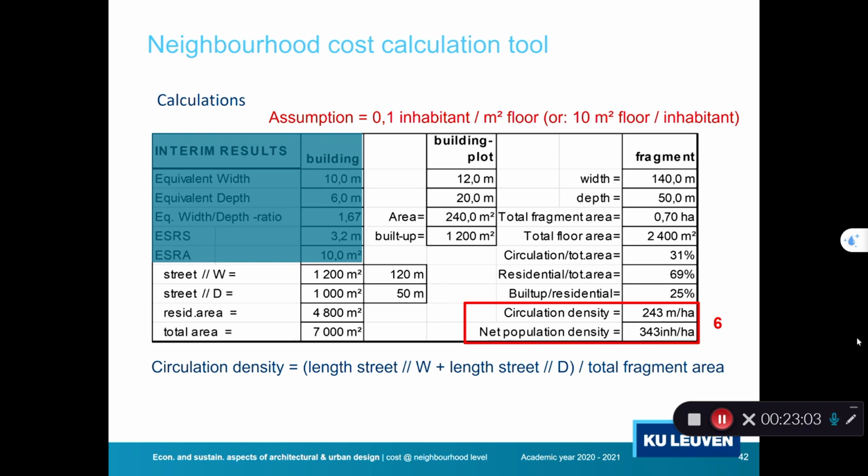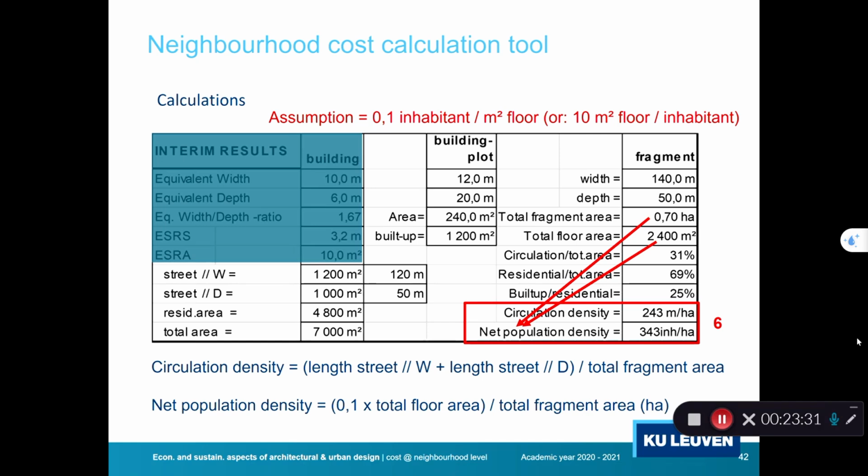It is the total floor area multiplied with the area per inhabitant, multiplied by the number of inhabitants per square meter floor, and we divide that by the total fragment area. So it's 2,400 multiplied by 0.1 and then divided by 0.7. And so you calculate the net population density, which is also shown here at the bottom of the slide.